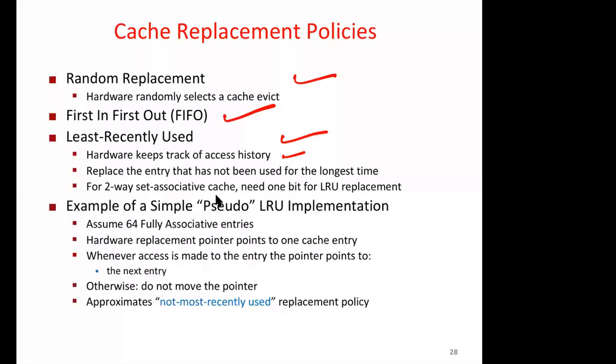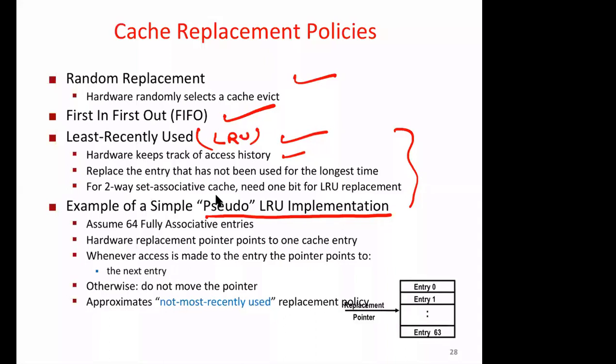So this LRU is implemented as pseudo LRU. Not exactly LRU, but it imitates the behavior of LRU in some way. The example we have taken here is a 64-level fully associative cache.